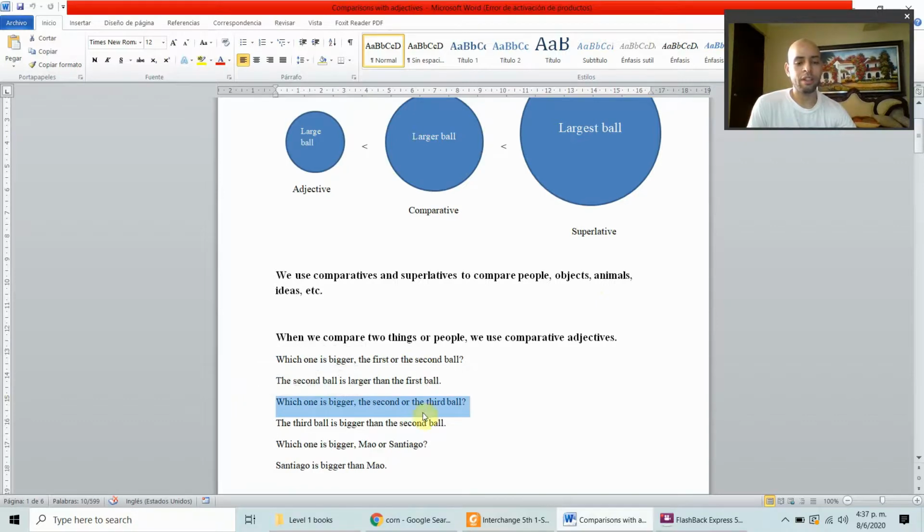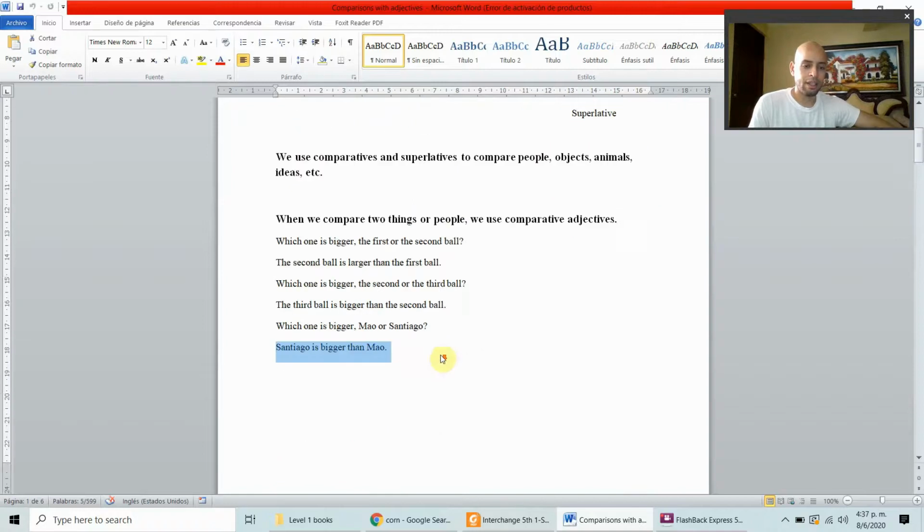Which one is bigger, the second ball or the third ball? Well, the third ball is bigger than the second ball. Which one is bigger, Mao or Santiago? Well, Santiago is bigger than Mao. Here we are comparing two things in each sentence.